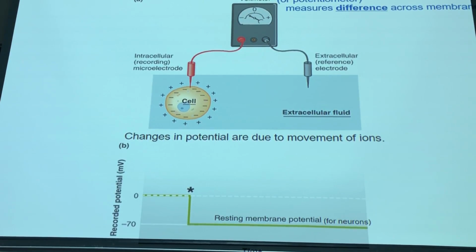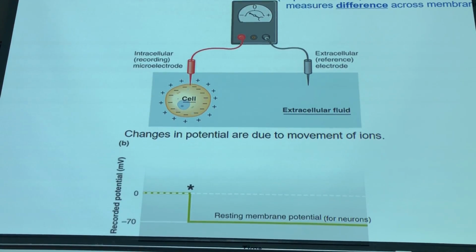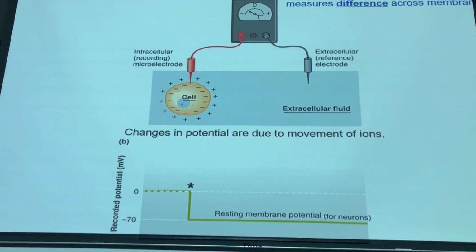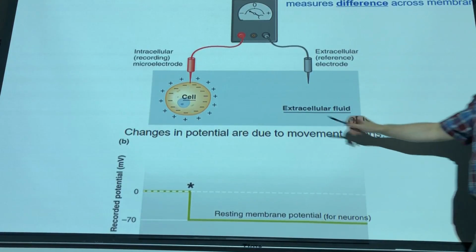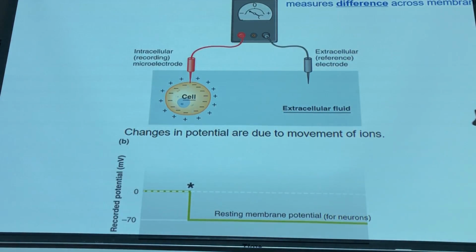And it basically measures the difference across the membrane, okay? So you get a number, but you have to understand that that number represents an electrical difference, okay, between inside and outside, okay?